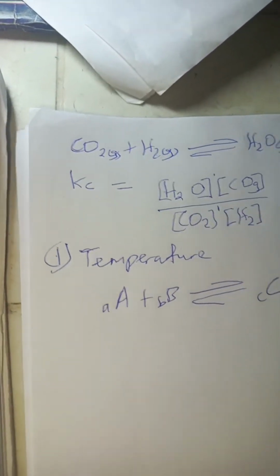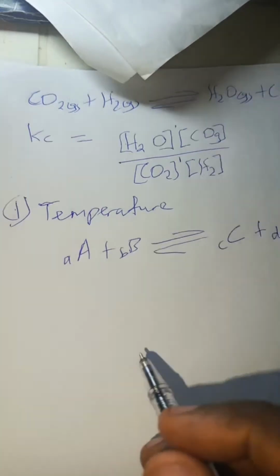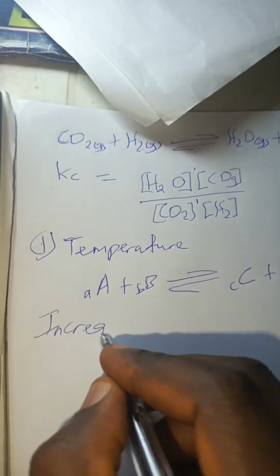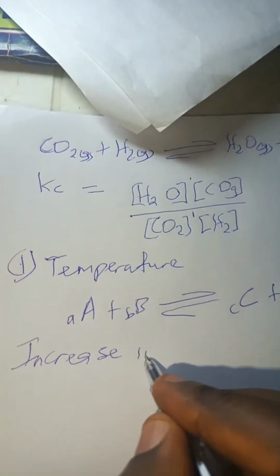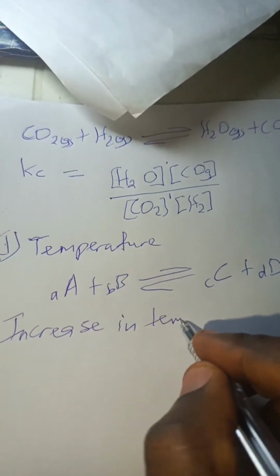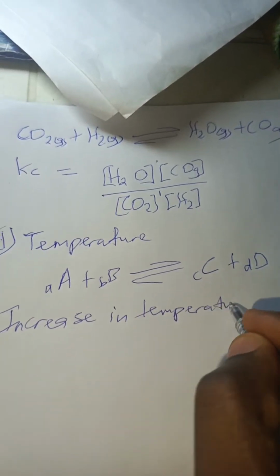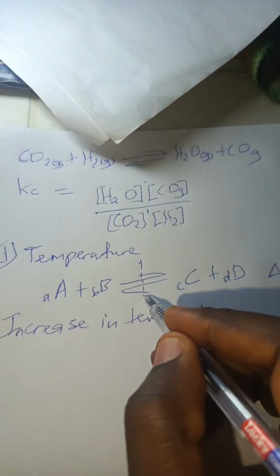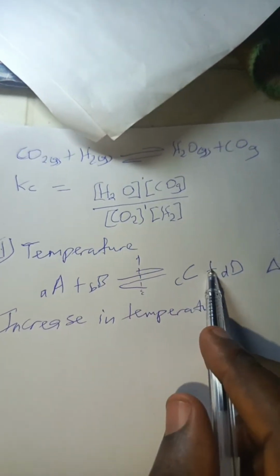Now, this is what always happens here. Increase in temperature, what does it do? We shift the equilibrium from the middle, because the equilibrium is here naturally. We now shift it to the right.